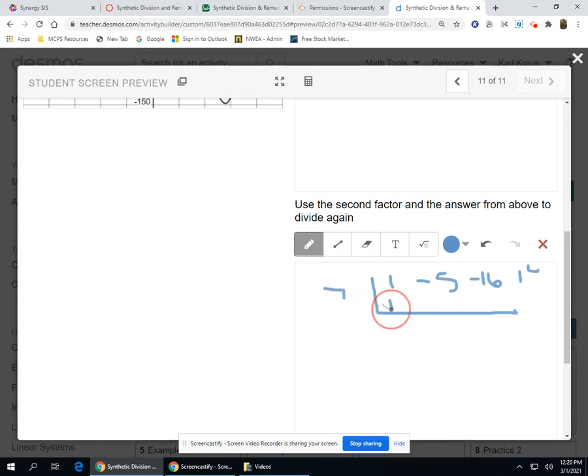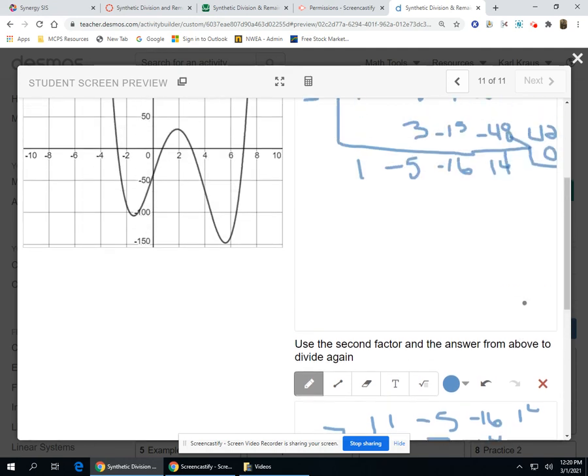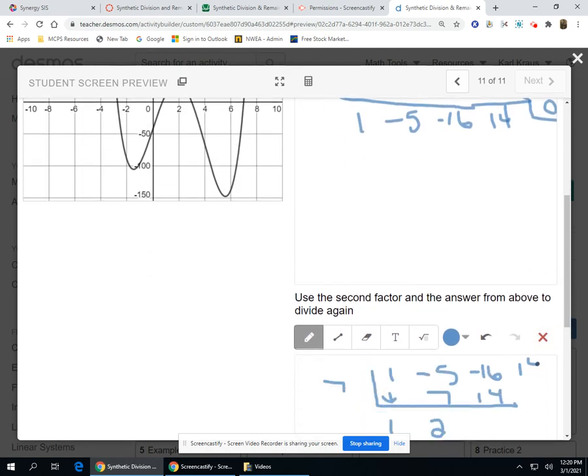So bring down the 1. 7, add, you get 2. 7 times 2 is 14. Add, you get negative 2. Multiply, negative 14. 0.